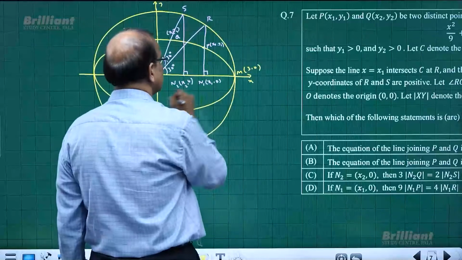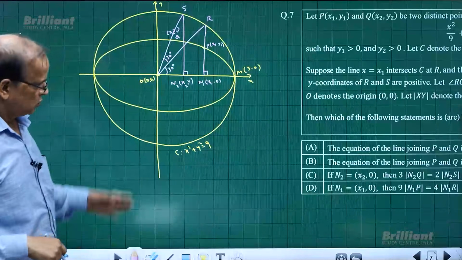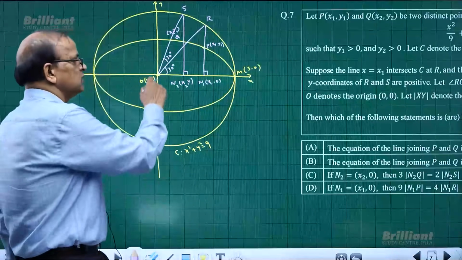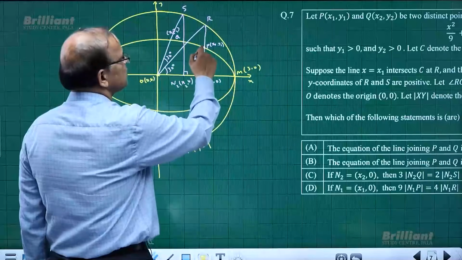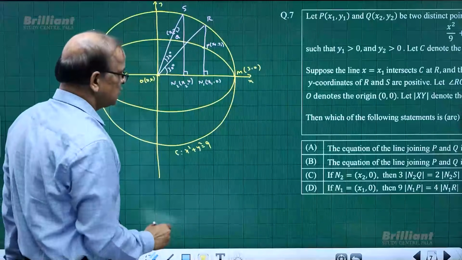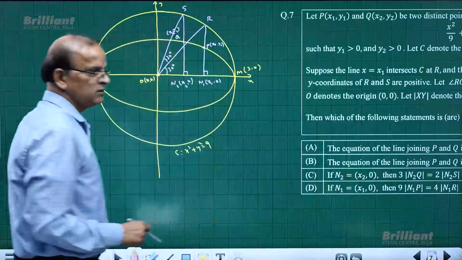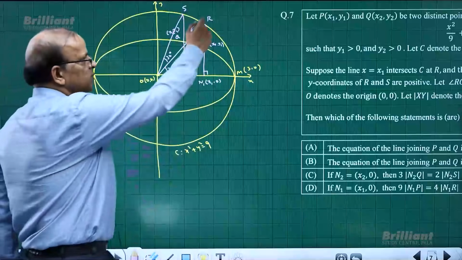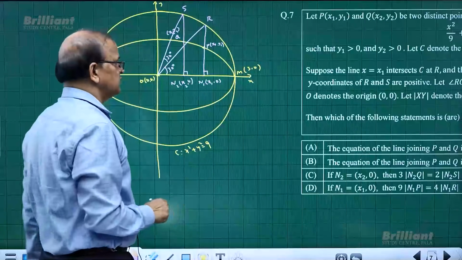Yes, this is the figure. It is based on the eccentric angle. This is 30 degrees, which means this point is (a cos theta, b sin theta). With eccentric angle theta, the ellipse point is (a cos theta, b sin theta), and the auxiliary circle point is (a cos theta, a sin theta).